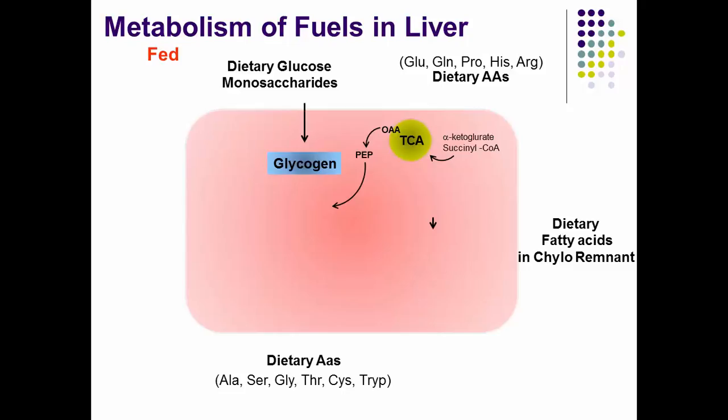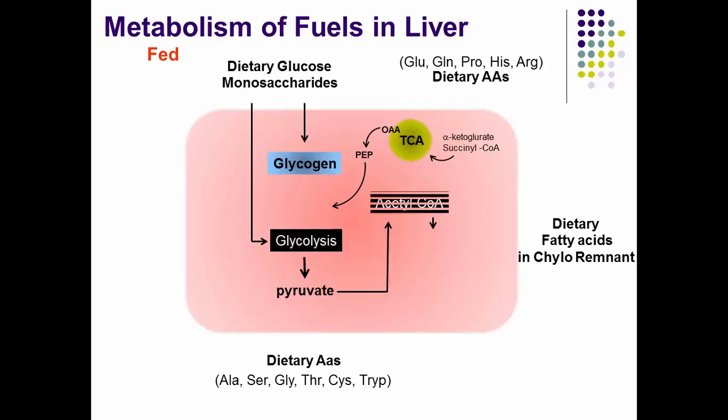So for the glucose, first of all it goes through the glycolysis pathway to make pyruvate, and pyruvate can be further oxidized to acetyl-CoA. I'm making this kind of dotted arrow to indicate that the activity of this pathway is relatively low or small, right?